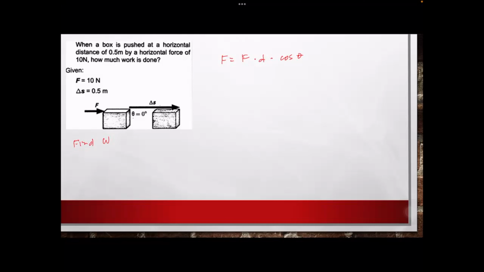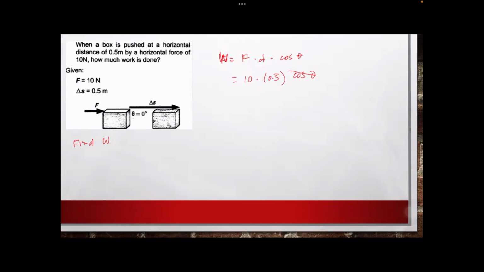So, magkakaroon tayo dito ng force which is 10 times yung D natin or the displacement is 0.5 cosine. Now, what will be our angle? It's 0. So, it's cosine 0.